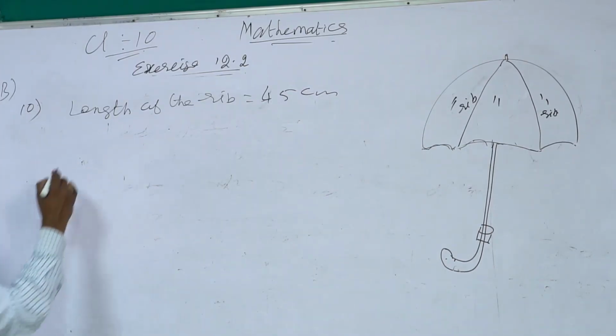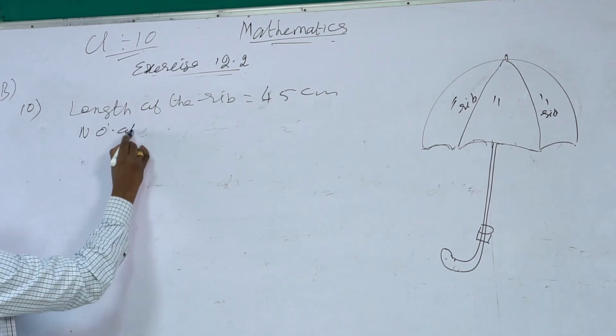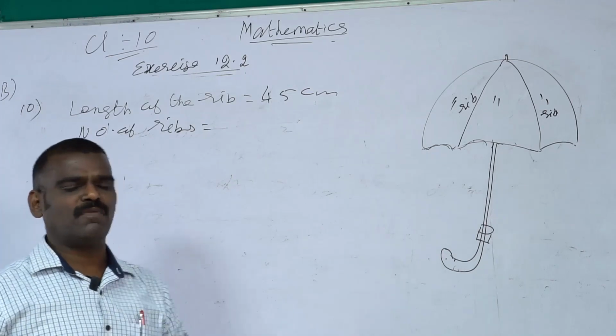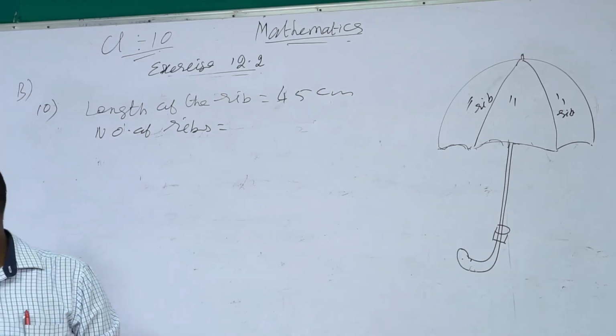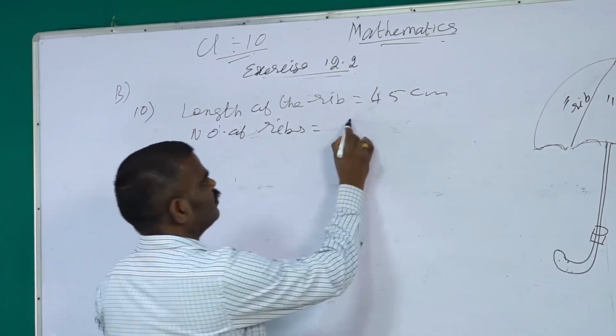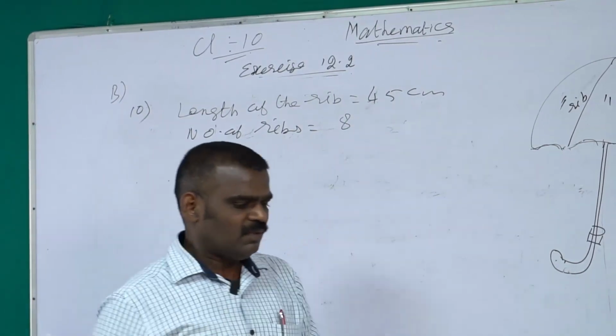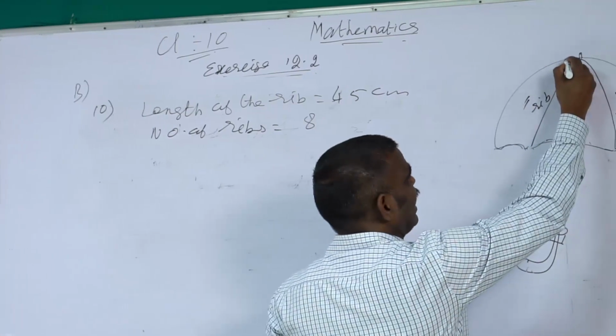Number of ribs. How many ribs are there? Altogether, how many ribs? Look at the question, all of you. 8 ribs, right? Now the central angle.